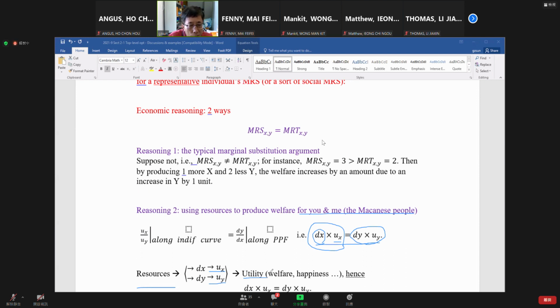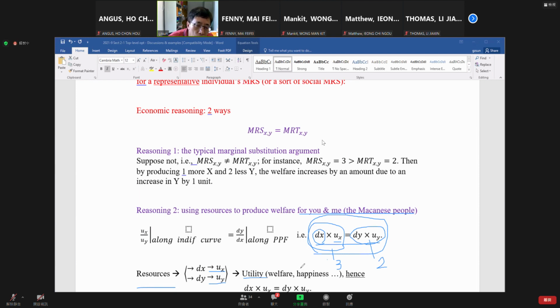We must do it in such a way. The idea is if the two numbers are not equal. Okay, suppose again, this number equals 3. This number equals 2. Then what should we do about it?